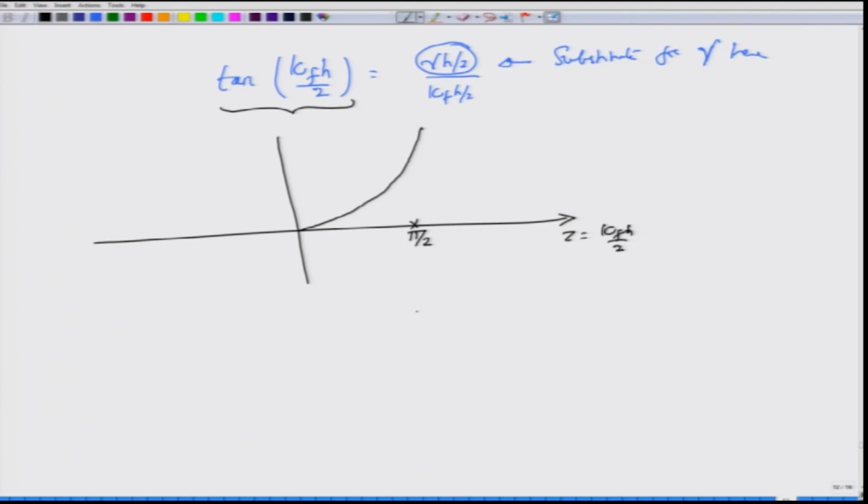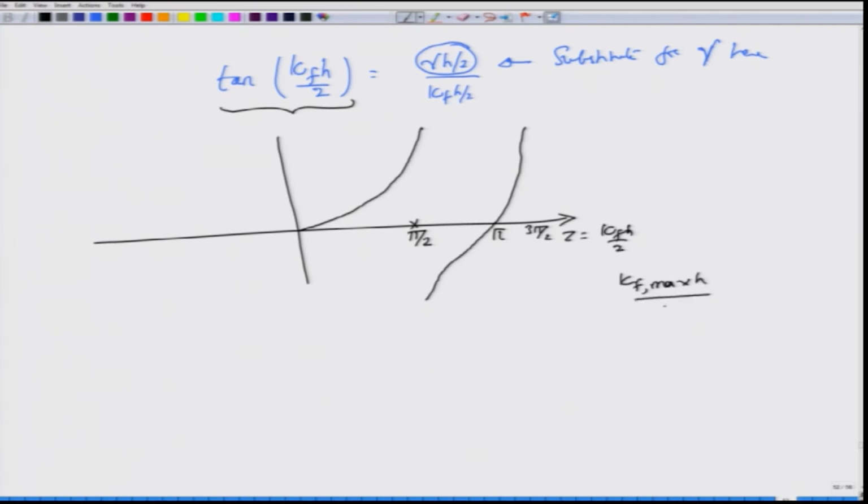Then of course, as you increase the value of kappa f h by 2 further, it starts at pi by 2 and then goes through 0 at pi and then goes again back to infinity at 3 pi by 2, and you can keep moving. So, how far do I need to move this? Well, I know what kappa f max is beforehand.